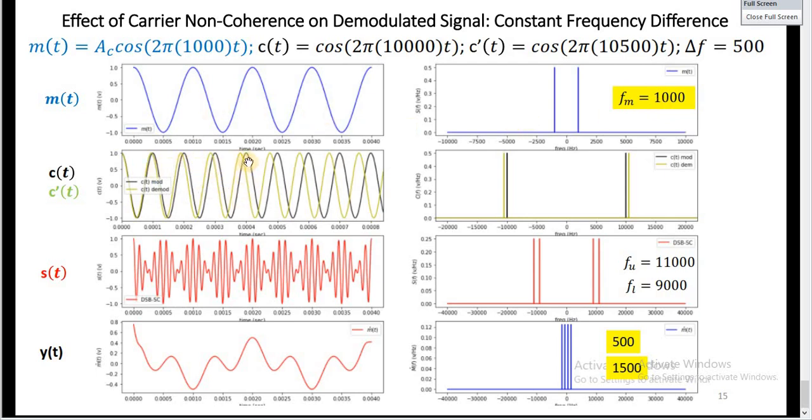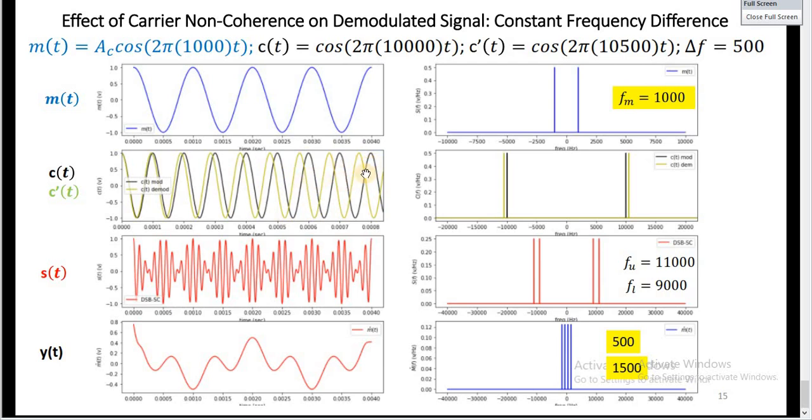Now the black curve is the sinusoidal signal, the carrier cosine 2 pi 10,000 t. The locally generated signal cosine 2 pi 10,500 t is the other yellow curve, again plotted on the same figure, and as we see they drift from each other as time progresses.